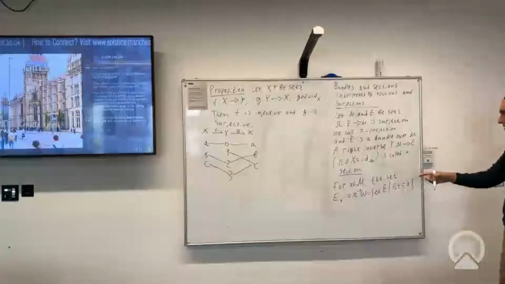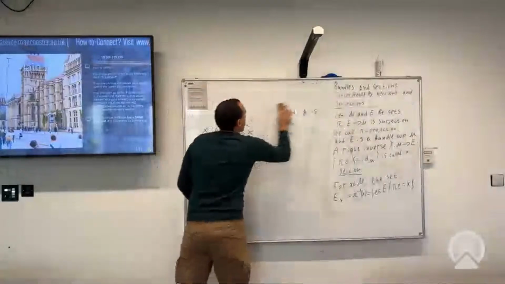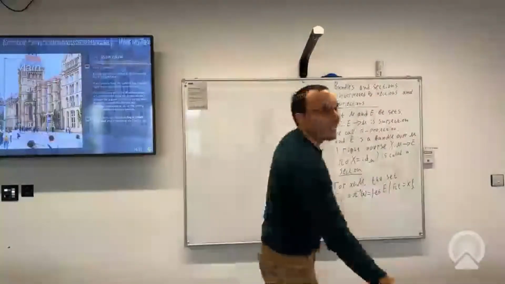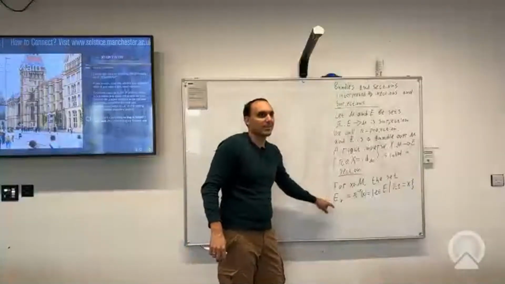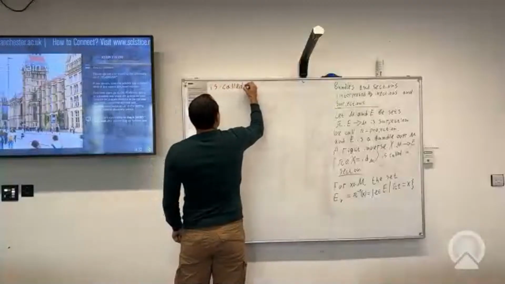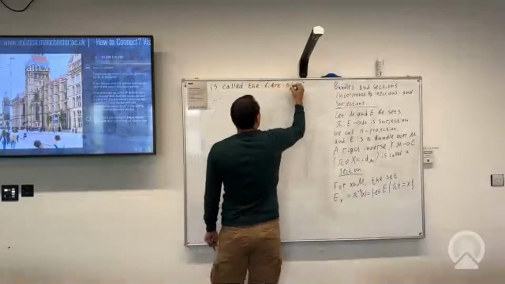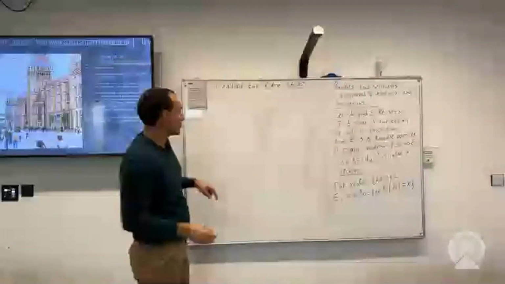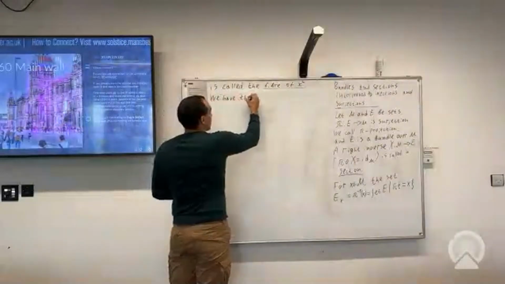It is called E_x, the fiber of x. And we have the decomposition, a disjoint union.